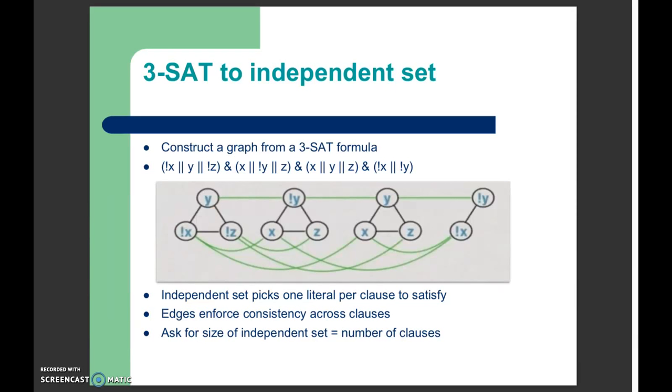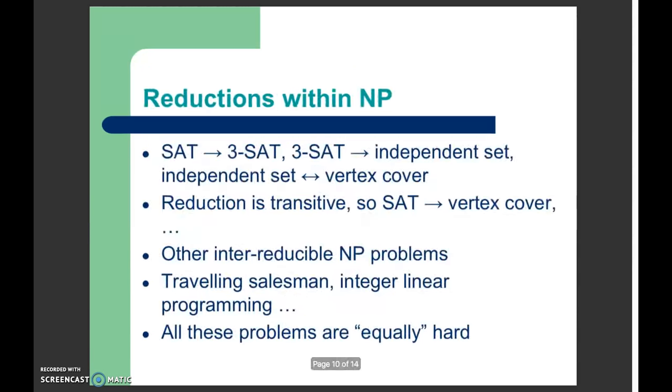You can see that y is connected to not y, which is connected to y, which is connected to not y. Similarly, x and z are interconnected with all the triangles. An independent set picks one literal per clause to satisfy, so the size of the independent set equals the number of clauses.